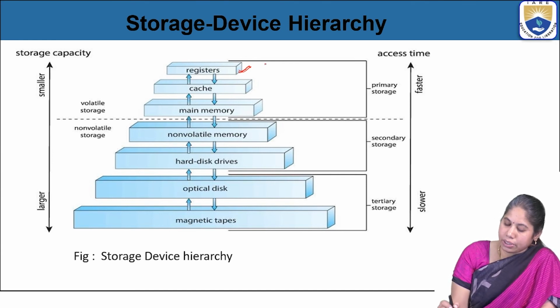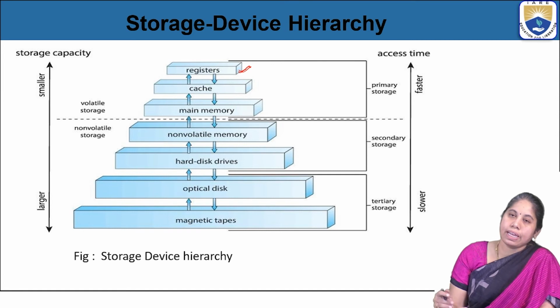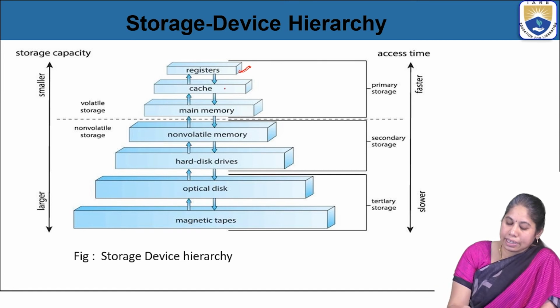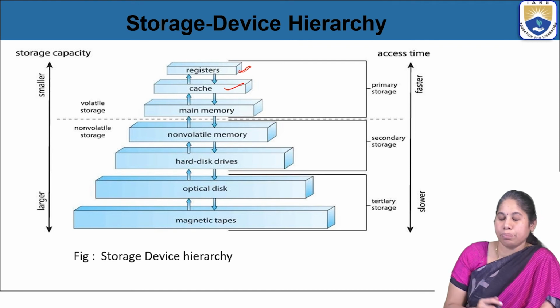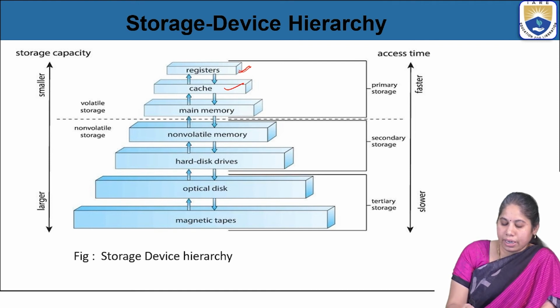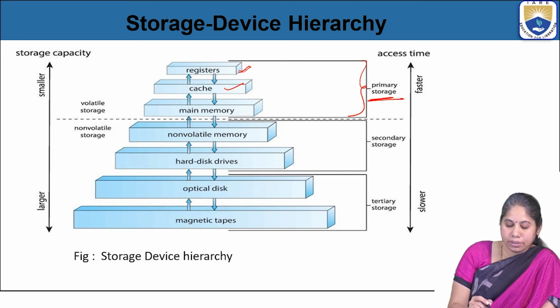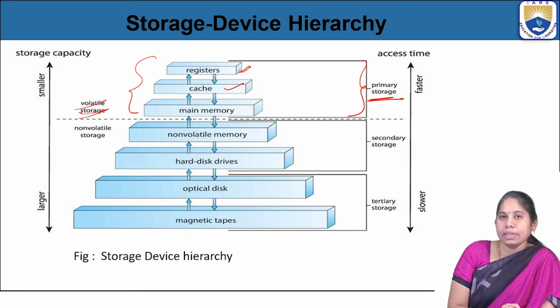Registers are used in the manipulations, in the calculations. Cache memory is a little bit more than register. And main memory. These all three we term primary memory. Right? So these are volatile, which means that once the power is off, your information is lost. But from a processing perspective, these are very fast.